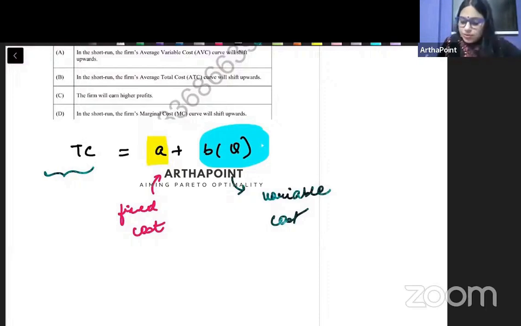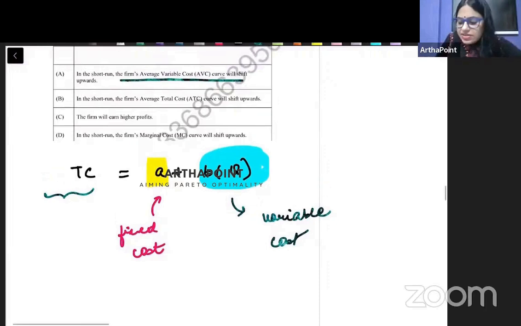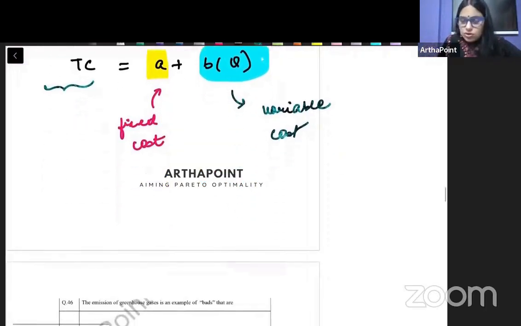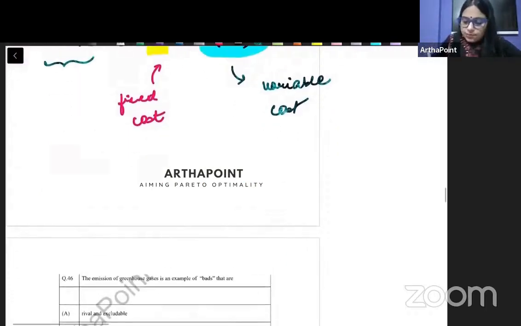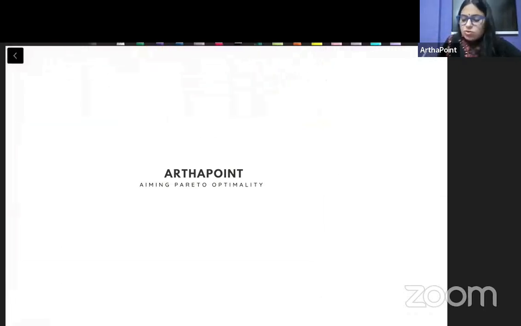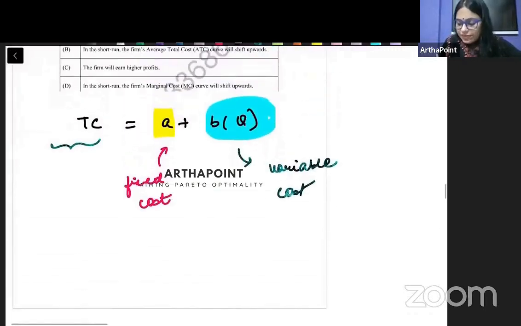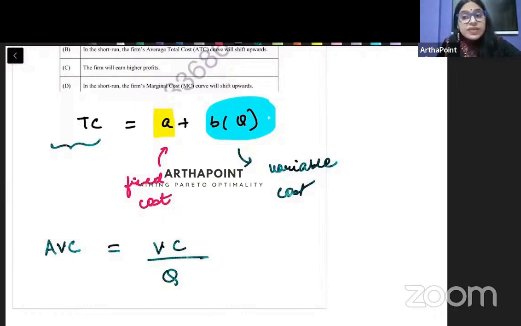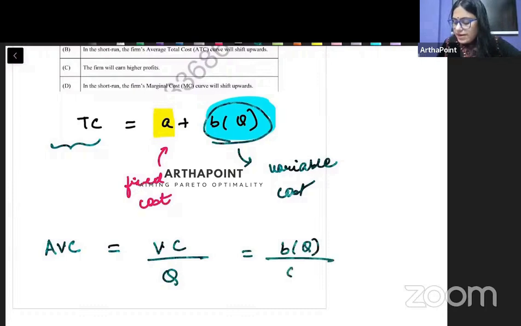Now let's read the option. In short run, firm's AVC will shift upwards. This is my variable cost. Now tell me one thing: what will be the average variable cost of the firm? Variable cost divided by output. What is variable cost? BQ divided by Q. Is this variable cost affected by A?